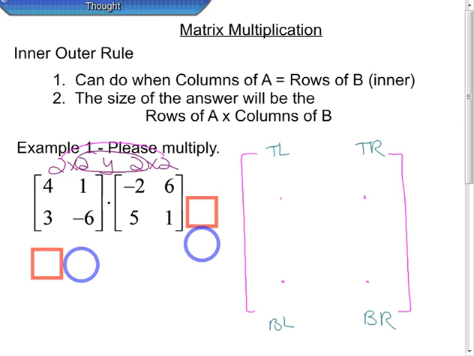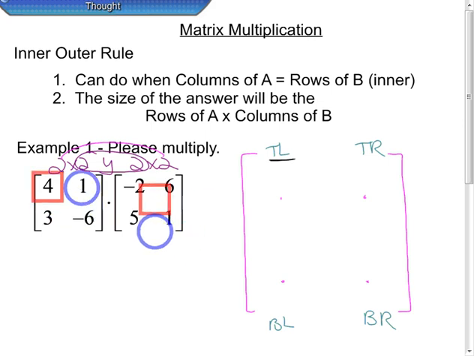Okay? So, for starters, let's talk about finding the top left entry in the answer matrix here. So what I'm going to do is I'm going to use these little organizers, and I'm going to use the top row of the first matrix and the left column of the second matrix.